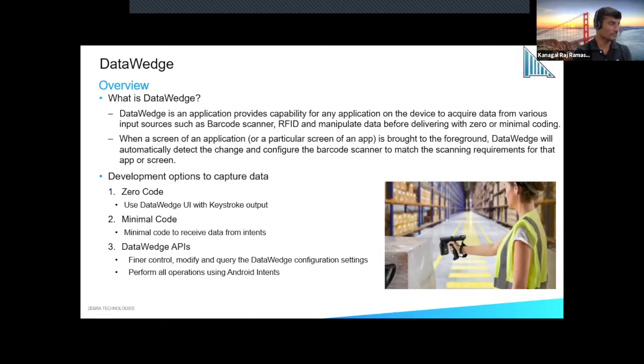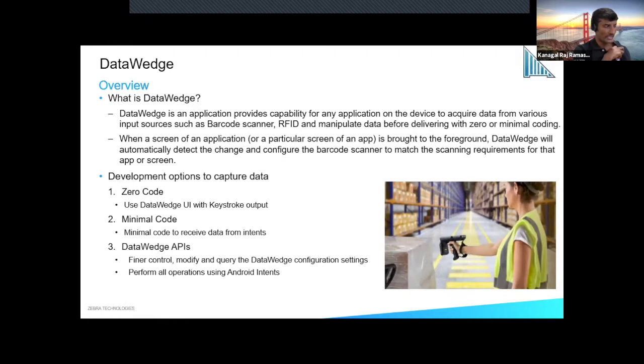You can write minimal code just to receive the data without even changing the configuration. Configure the settings outside of your application code and just write code to receive the captured data. Just write an intent broadcast receiver and you will get the data in your application.